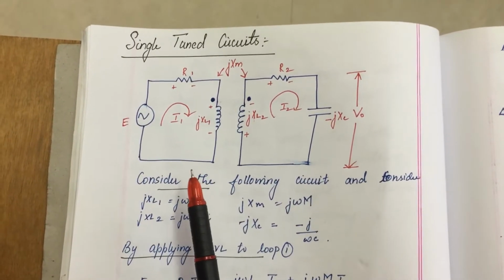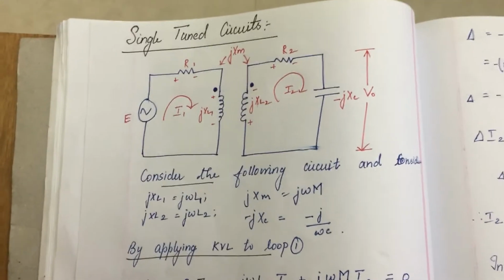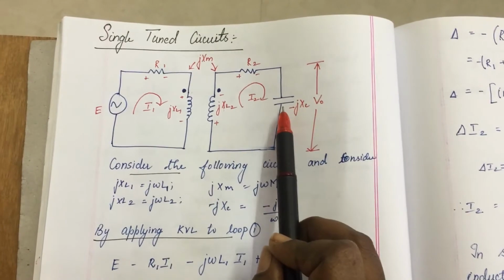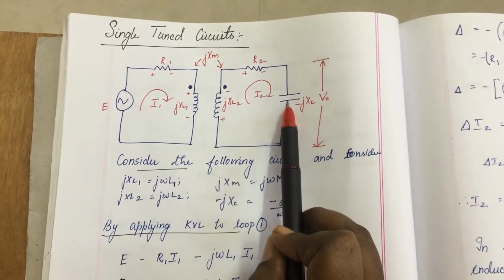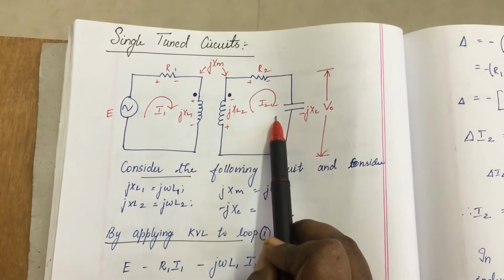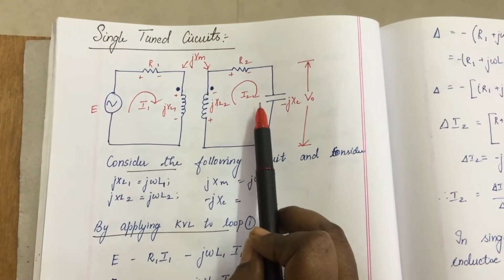Single tuned circuits, as we have discussed, are coupled circuits brought to resonance by adding a capacitor to the secondary of the coupled circuit. Here they have added a capacitor to the secondary side, so this coupled circuit has become a single tuned circuit.